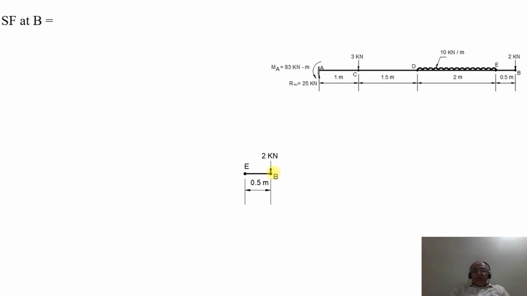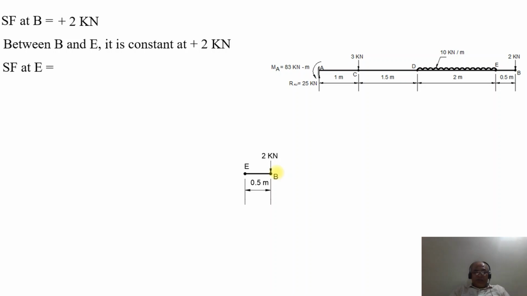So what will be the shear force at the point B? If you take this section, since the load is in the downward direction, it is positive. So the shear force at B will be equal to plus 2 kilonewton. Is there any load between E and B? No, it is constant. So between B and E, it is constant at plus 2 kilonewton.